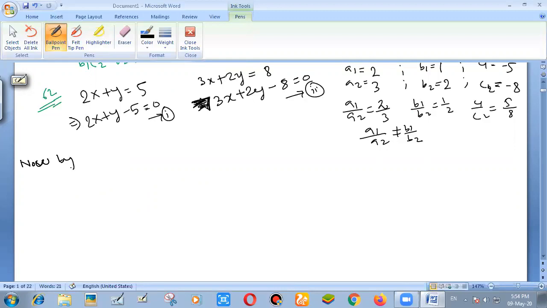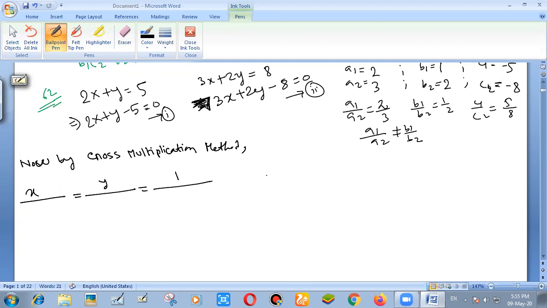So next, by the cross multiplication method, I have done like this: x, then y, then 1.